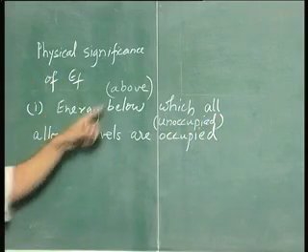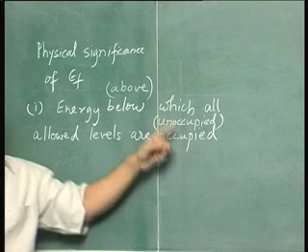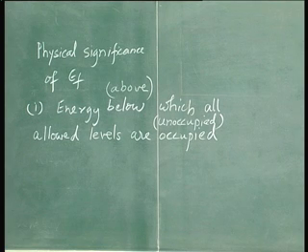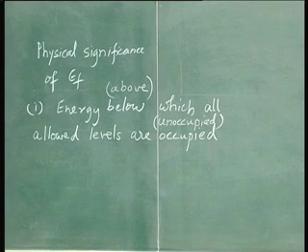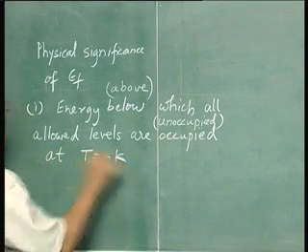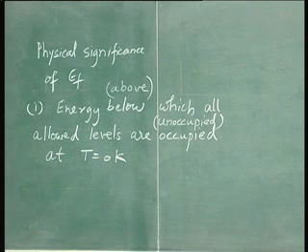So it is the energy above which all allowed levels are unoccupied, or none of the allowed levels is occupied. It is the same thing. This is one way of interpreting EF. What is the meaning of EF? At t equal to 0, this is very important. This interpretation is valid for t equal to 0.